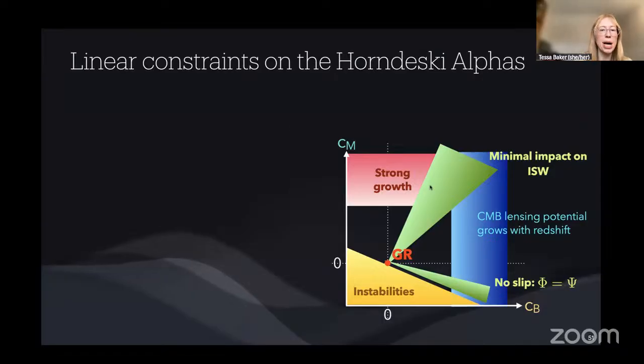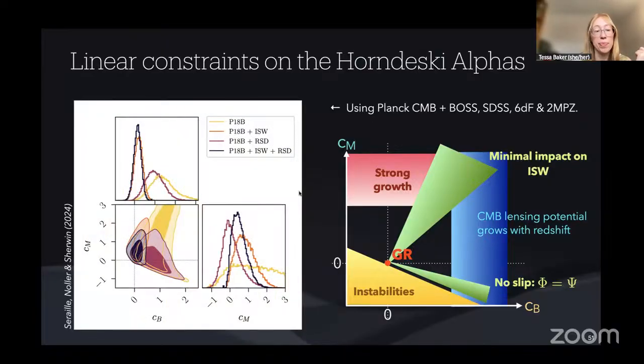And so I'm going to compare this sketch to a results plot from a different paper. So this is not the latest DESI paper, but actually a slightly older paper, or just a year older, in which the authors did a similar analysis. So they're using Planck data, that's P18. And then they're bringing in that ISW galaxy cross data in orange.